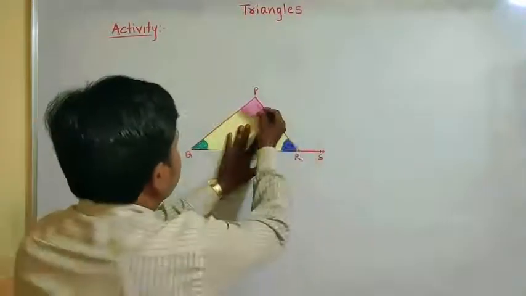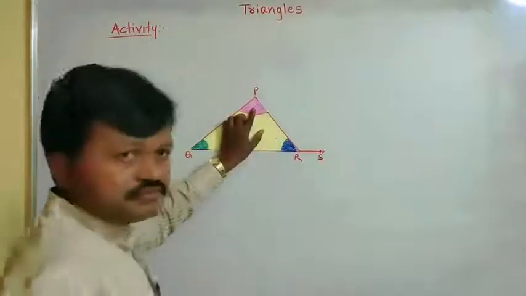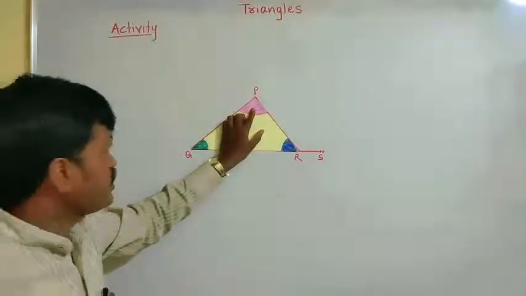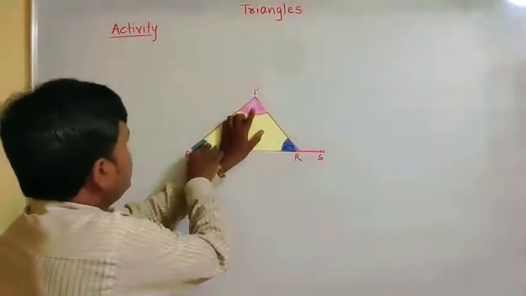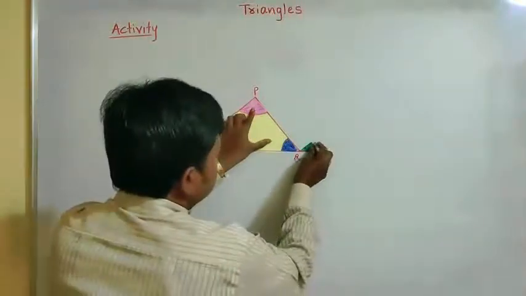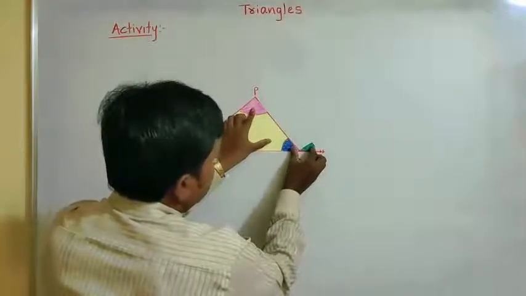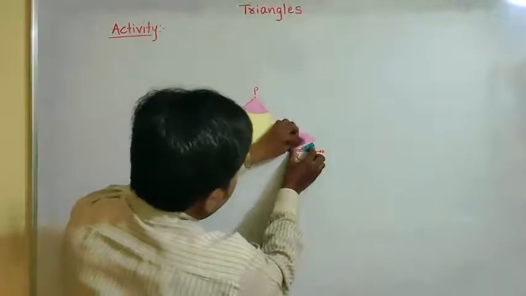So look here, this angle here is P, yes, and this angle here is Q. So look here, angle P and Q I put here, this one here, and this angle here R here.